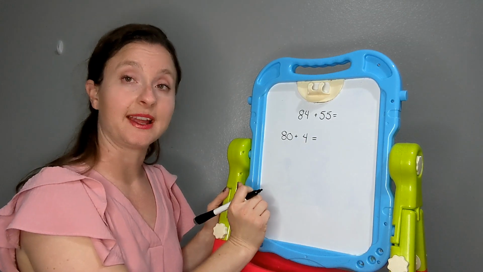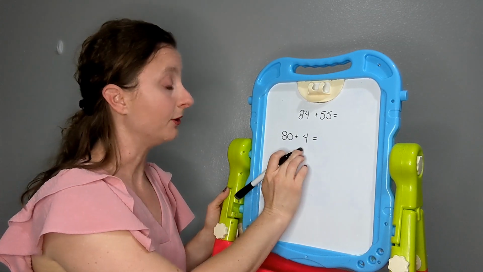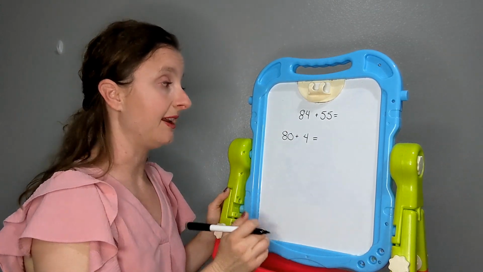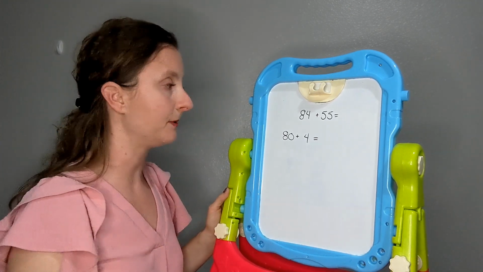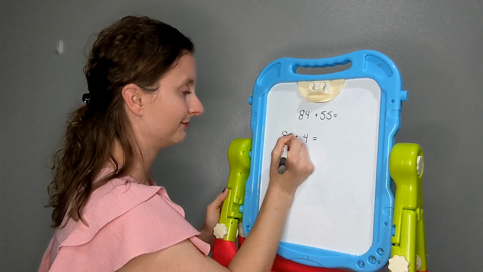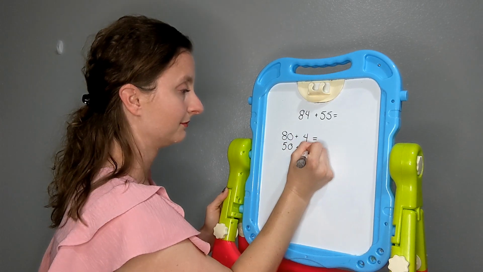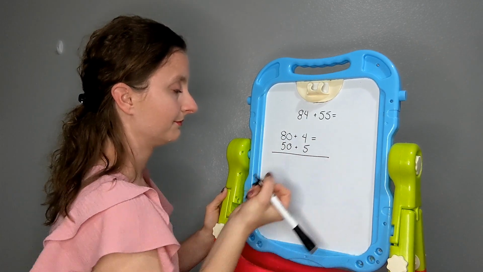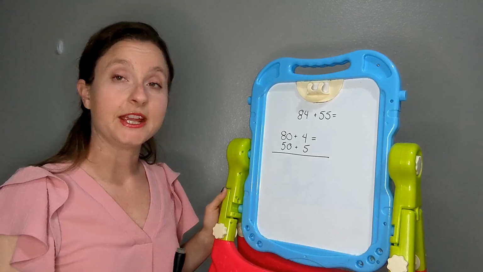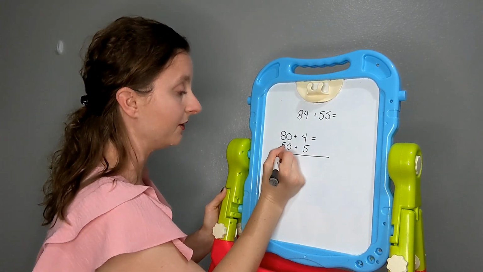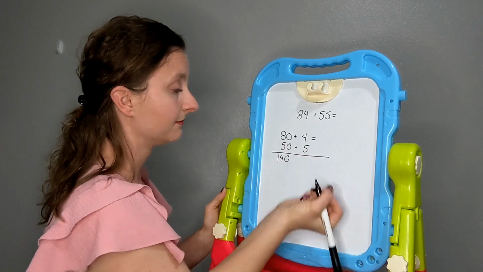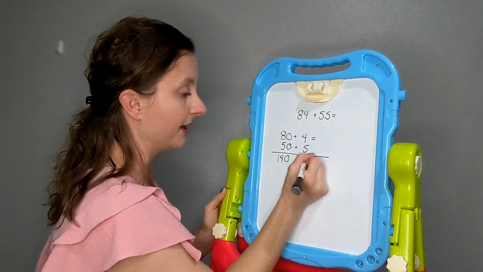I'm going to write the second addend right below the other addend in expanded form so that my ones and my tens are lined up. From here, I'm going to add 80 plus 50 equals 140. 4 plus 5 equals 9.